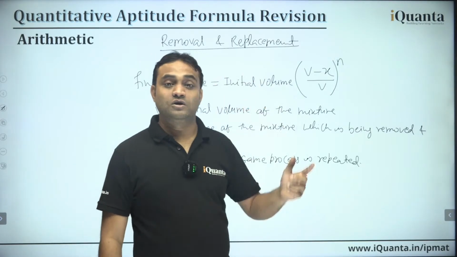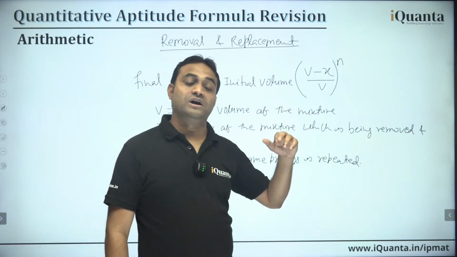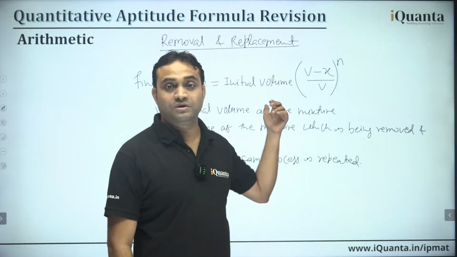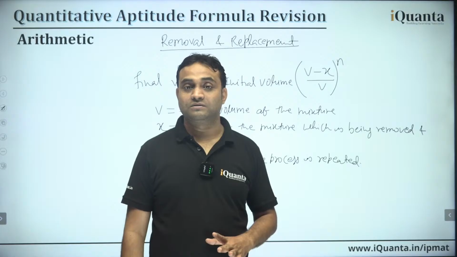You need to find the volume of the milk, use the volume of the milk. You want the volume of the water, use the volume of the milk. Find the volume of the milk, subtract it from the total.